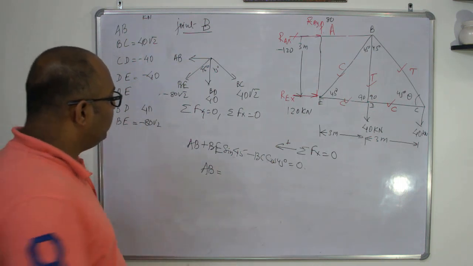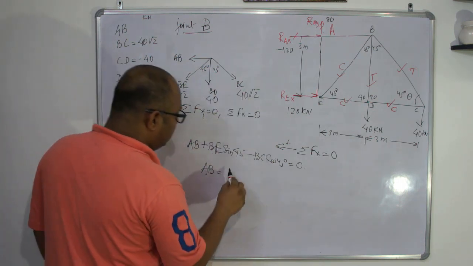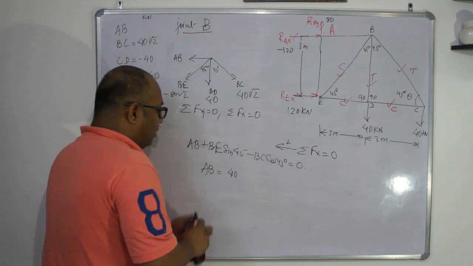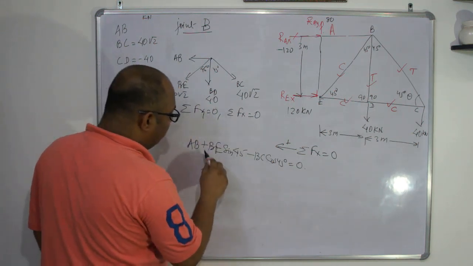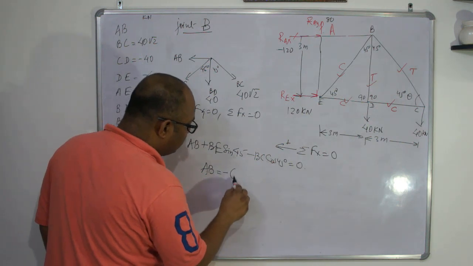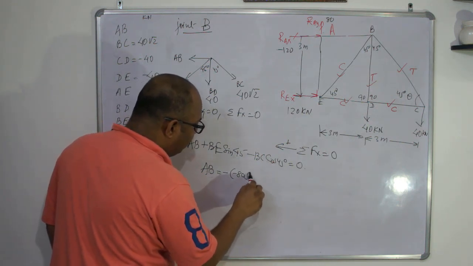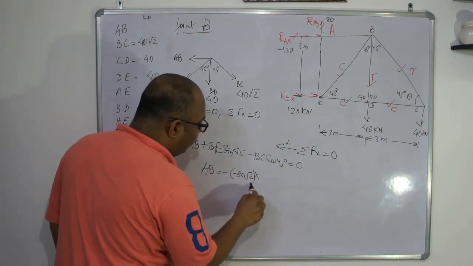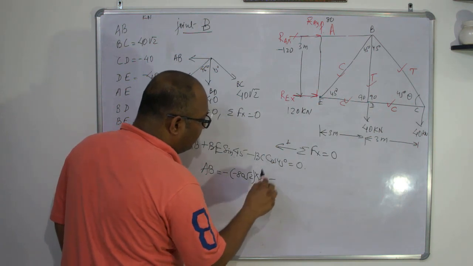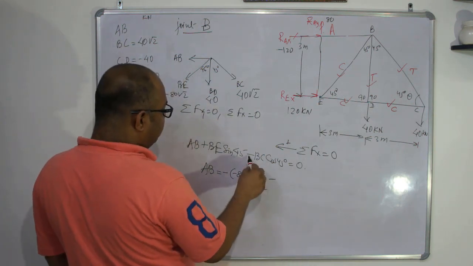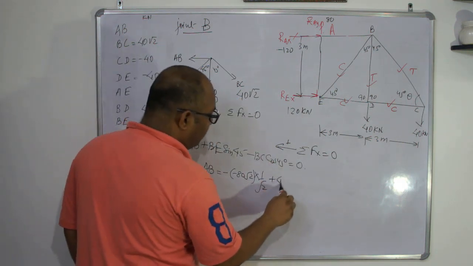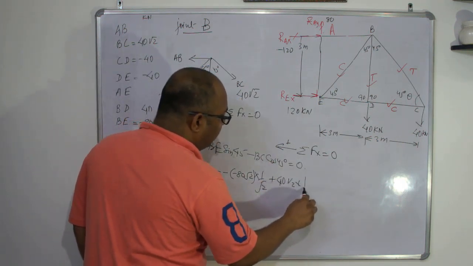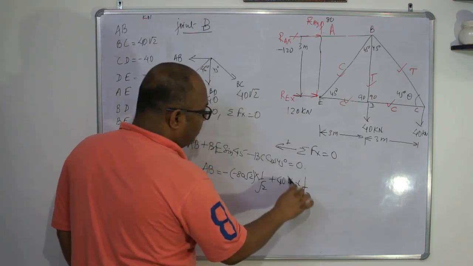So let us look into it. Let me go with BE first. BE is minus 80 root 2. The next side when you go, it becomes minus of minus 80 root 2 multiplied by 1 upon root 2. When you go the other side, this minus becomes plus. BC is how much? 40 root 2 multiplied by 1 upon root 2.